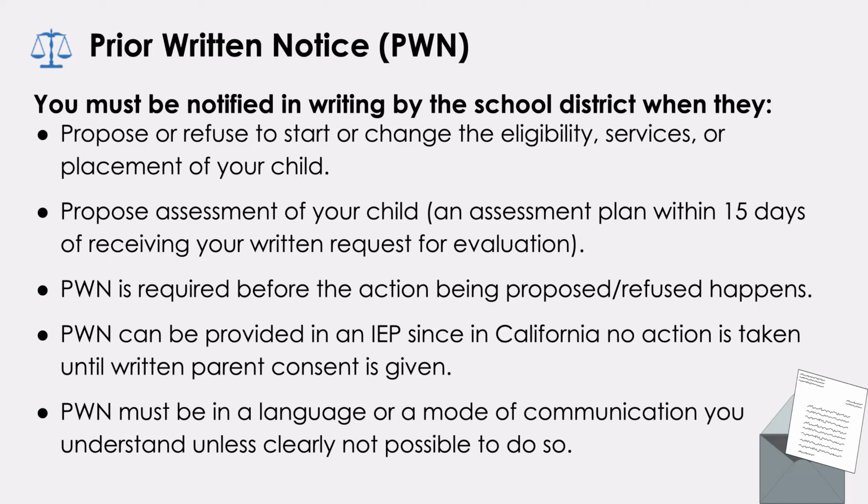Prior written notice is also required before the action being proposed or refused happens. PWN can be provided in an IEP since in California, no action is taken until written parent consent is given. PWN must be in a language or mode of communication you understand unless clearly not possible to do so.